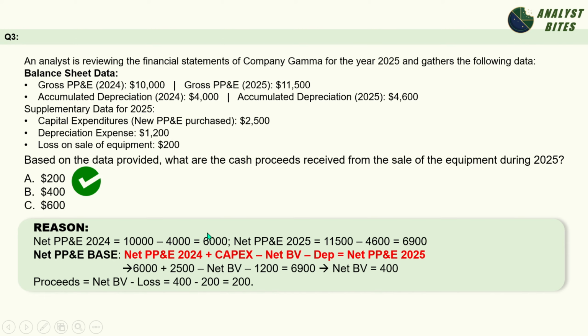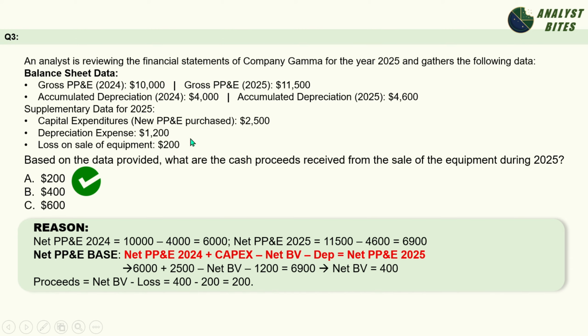Now that we have the answer, let's clarify a detail that confuses many. Why did we use depreciation expense instead of the change in accumulated depreciation? Think of accumulated depreciation as a complex whole. It contains adjustments for every asset the company has ever retired or sold.